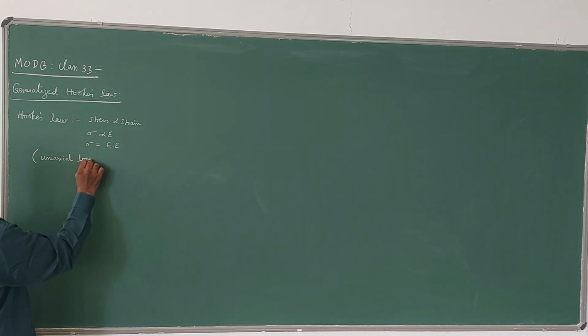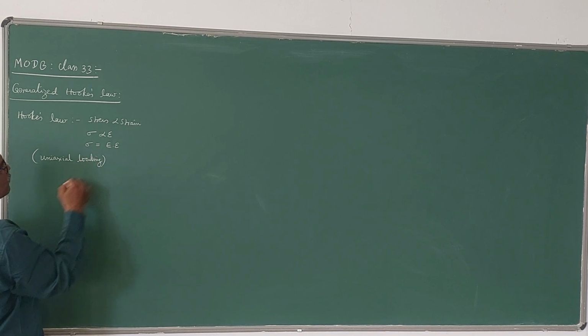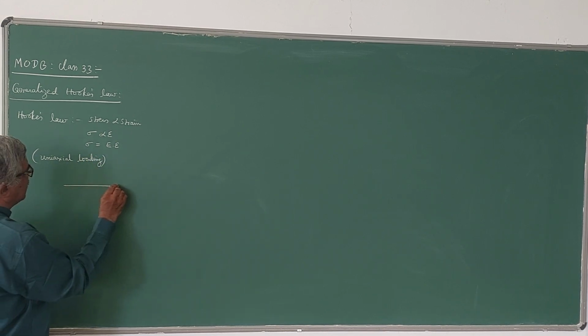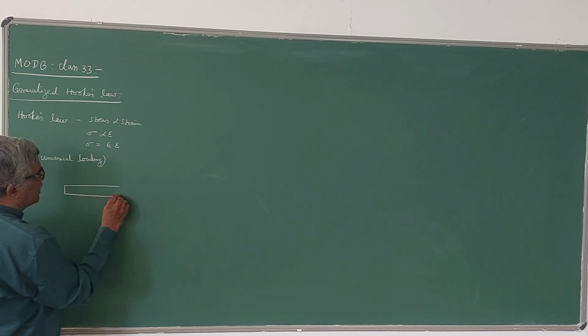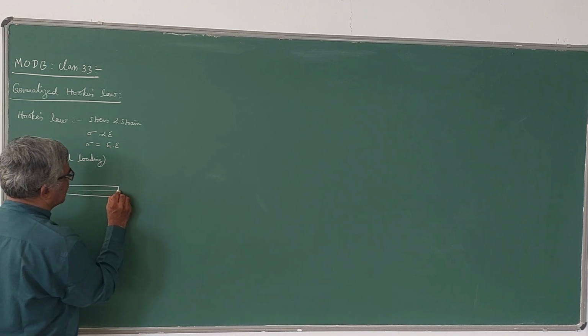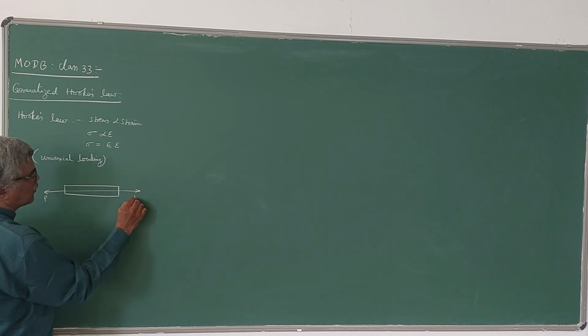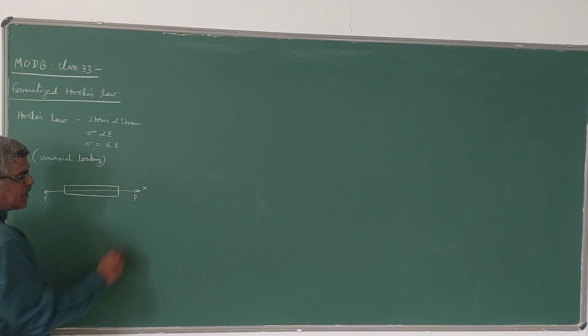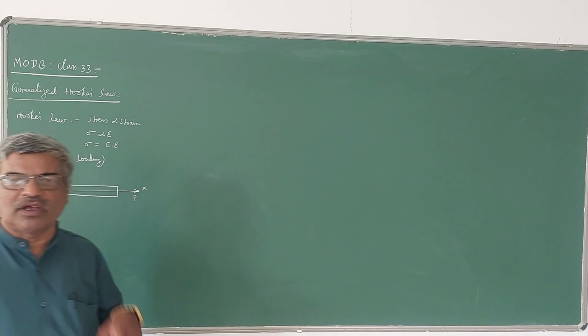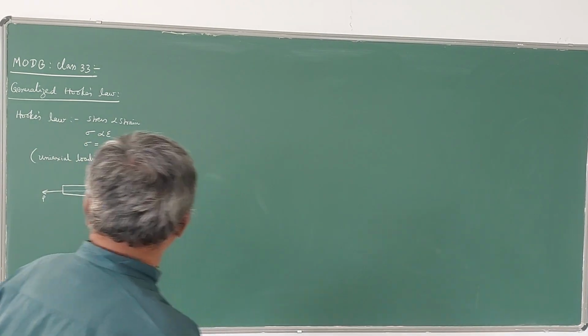Uniaxial loading means the load is applied only in one direction, maybe a tensile or compressive force. If it is applied along one direction, for example, P is the tensile force acting along x direction, we can define this Hooke's law.